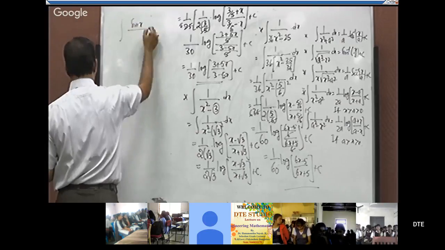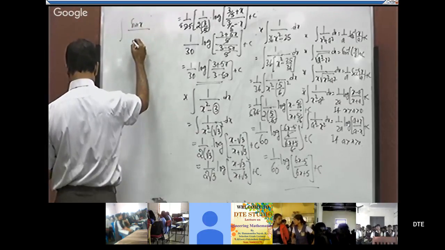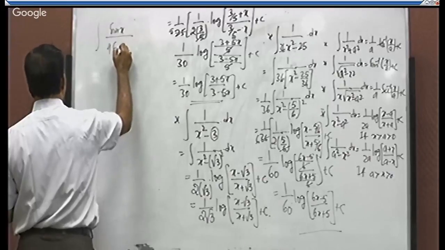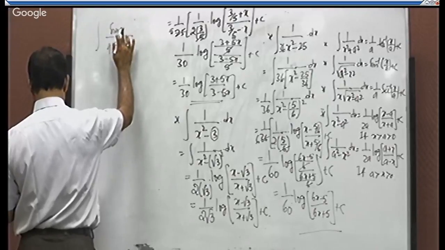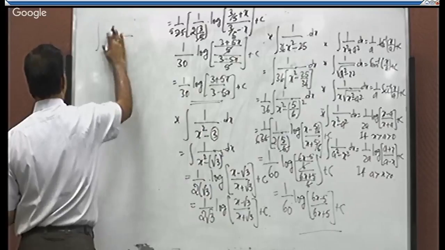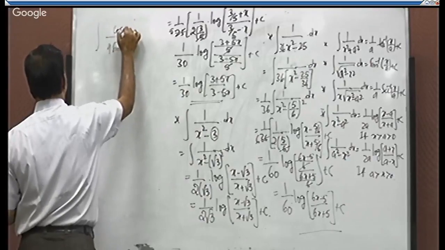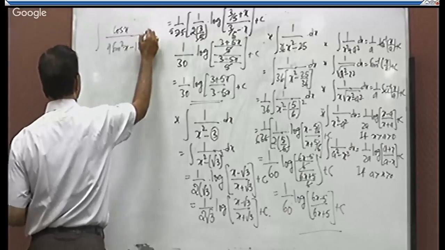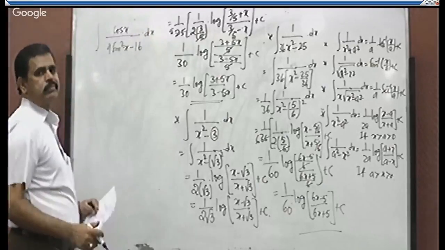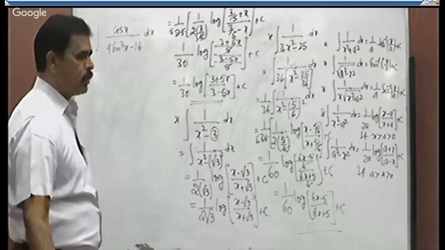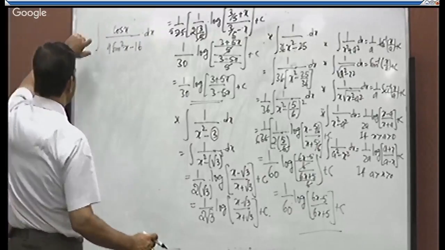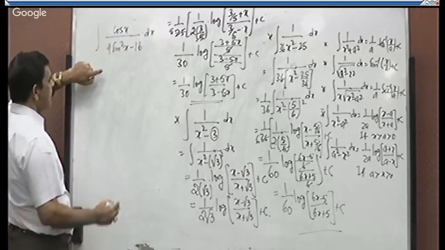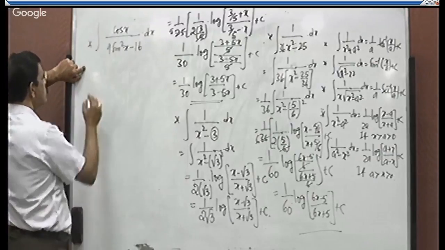So integration of sin x divided by 9 cos square x, otherwise, you can take cos x, sin square x minus 16 into dx. So again, there is a combination of what? Cos and sin. Go for the substitution method.